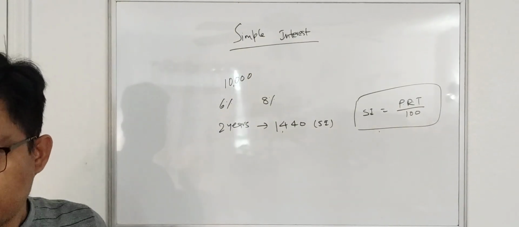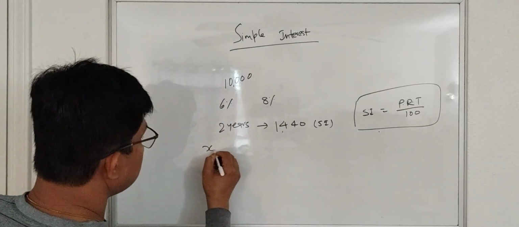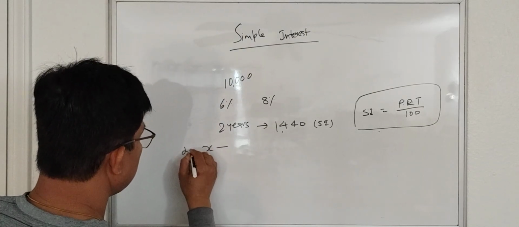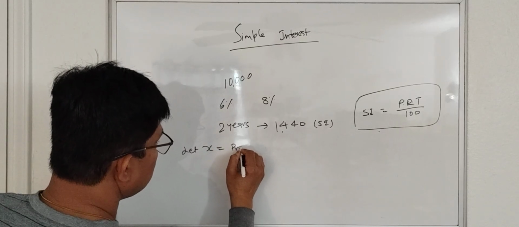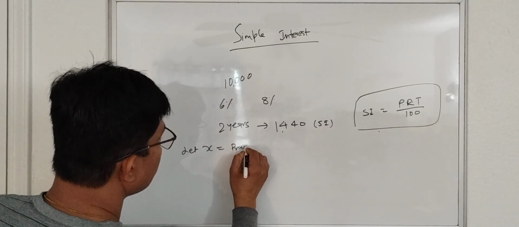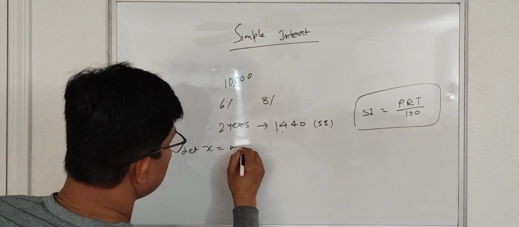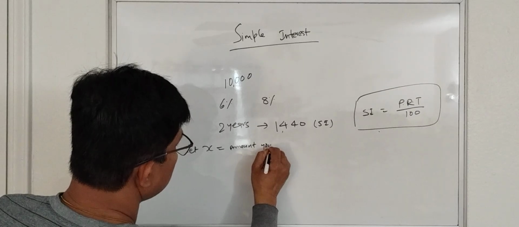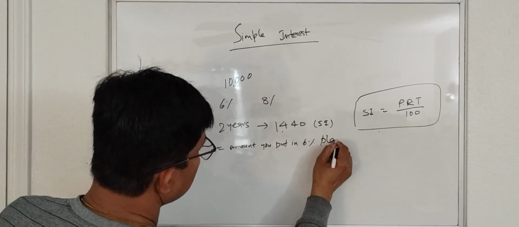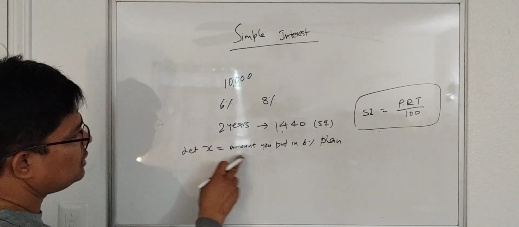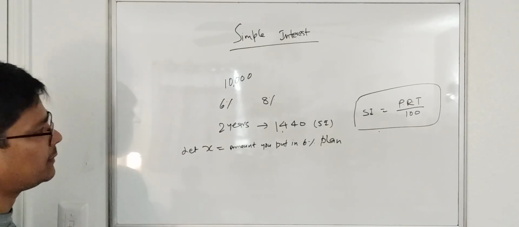Okay? So what you can do, since you don't know the exact amount, let's call it X. Let X equal the amount you put in 6% plan. Okay? Now if you put X in 6% plan, how much money did you put in 8% plan?